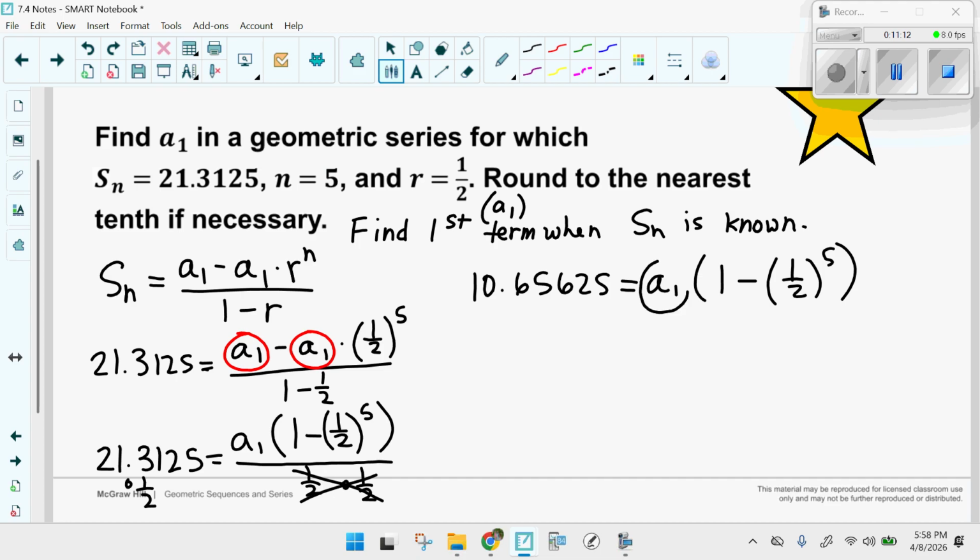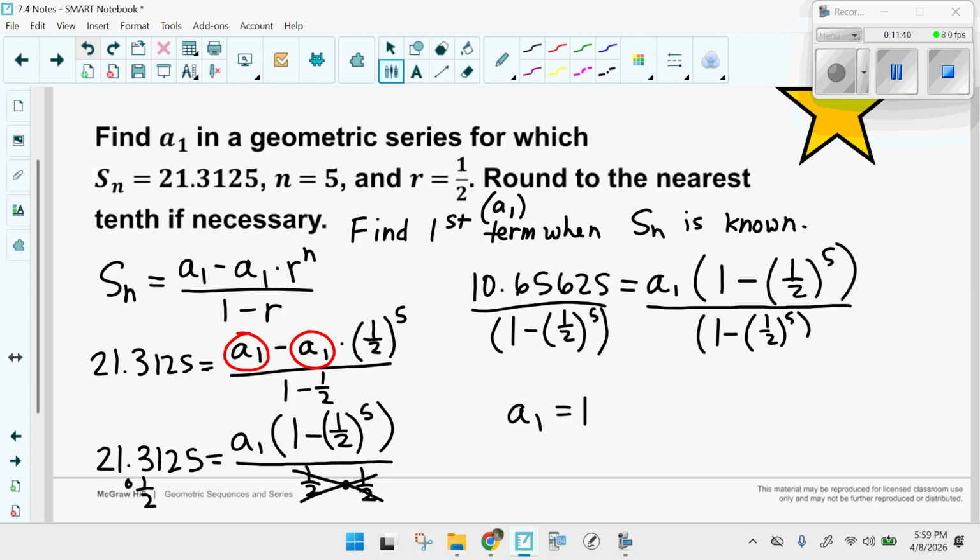We're still targeting this a sub 1, so a sub 1 is multiplying all of this stuff, so we're going to divide by all of this stuff, 1 minus 1/2 to the 5th, and over here we'll divide by 1 minus 1/2 to the 5th. When we take 10.65625 divided by all that, we are going to end up with a sub 1 equal to 11.